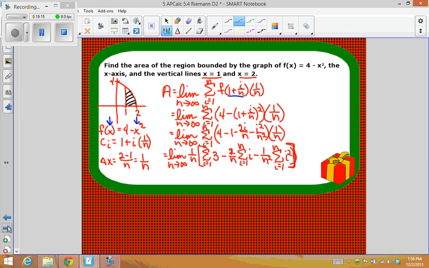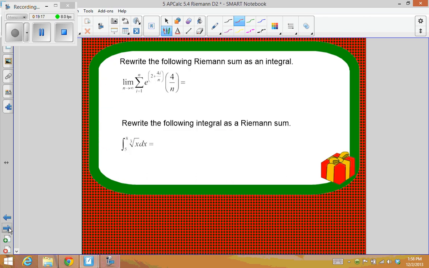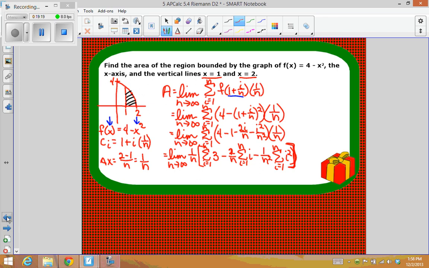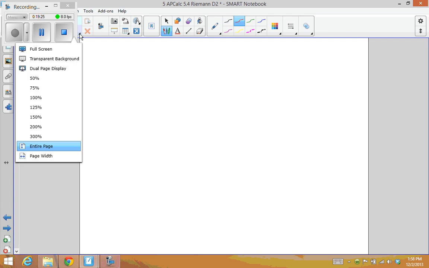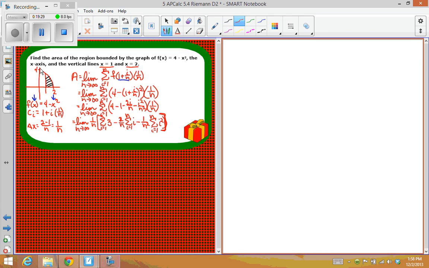Let me see if I gave myself an extra page on this one. Nope. So let me add a page and make this thing doubled so that you can see.